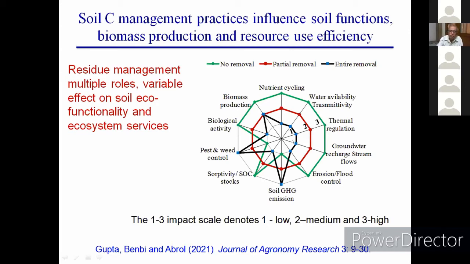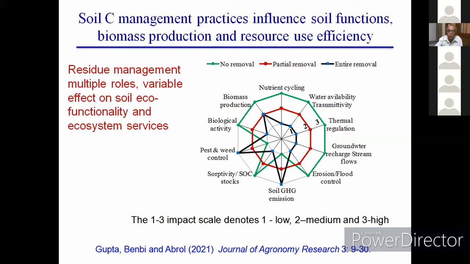Now, if you see what are those processes which affect the resource use efficiency, they are affected. If you are not removing, all those processes like nutrient cycling, water availability, thermal regulation, groundwater recharge and its quality, I would say also, and erosion control, they are all positively impacted.